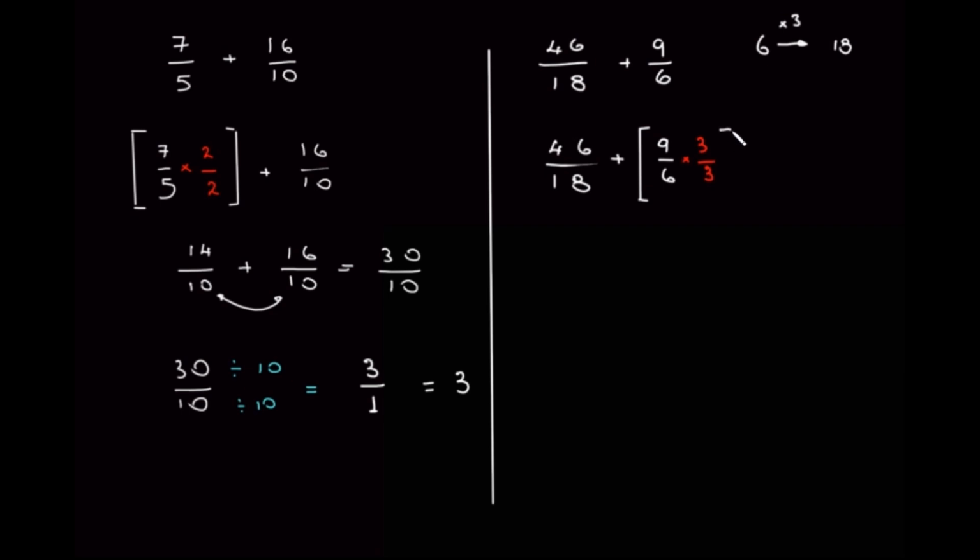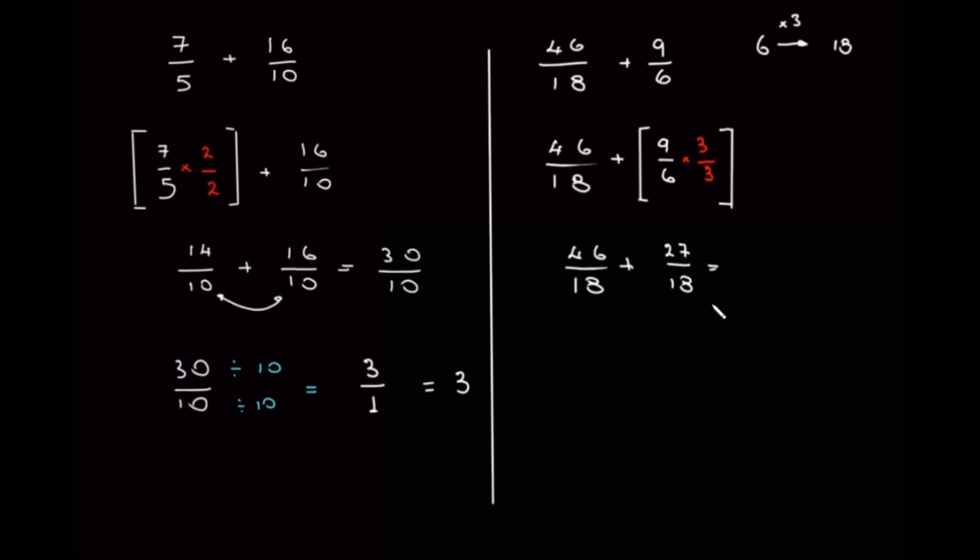Here we've got 46 over 18. We've not changed it. There's the plus. There's the line. 3 times 6 is 18. 3 times 9 is 27.